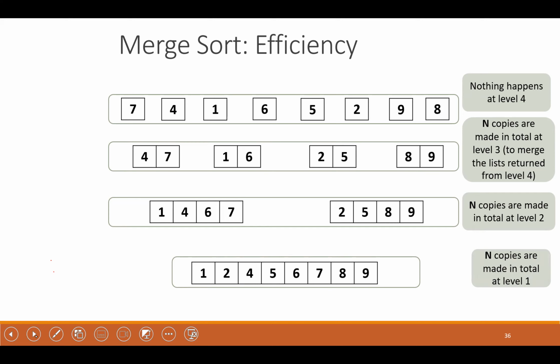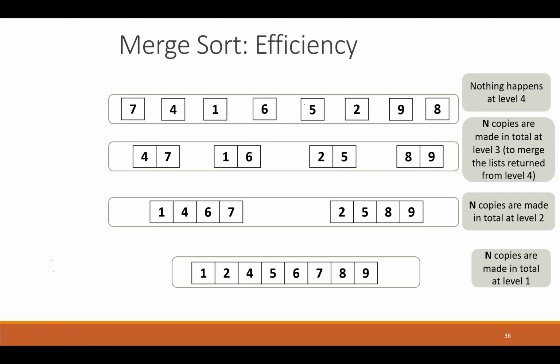During the course of this algorithm, we go down the recursion tree, so we'd have n times the depth of the recursion tree, and then we come back up the recursion tree, and then we have n times the depth of the recursion tree again. So it's going to be something like 2n times the depth of the recursion tree. But we're going to formalize that. This just gives us an idea of what it should be.